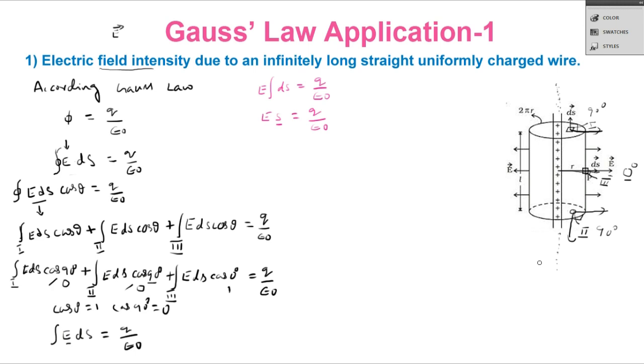The surface area of the cylinder S is equal to 2 pi r l. Clear? Just substitute here: E into 2 pi r l is equal to q divided by epsilon naught. Up to here it is one format. Let it be equation 1.